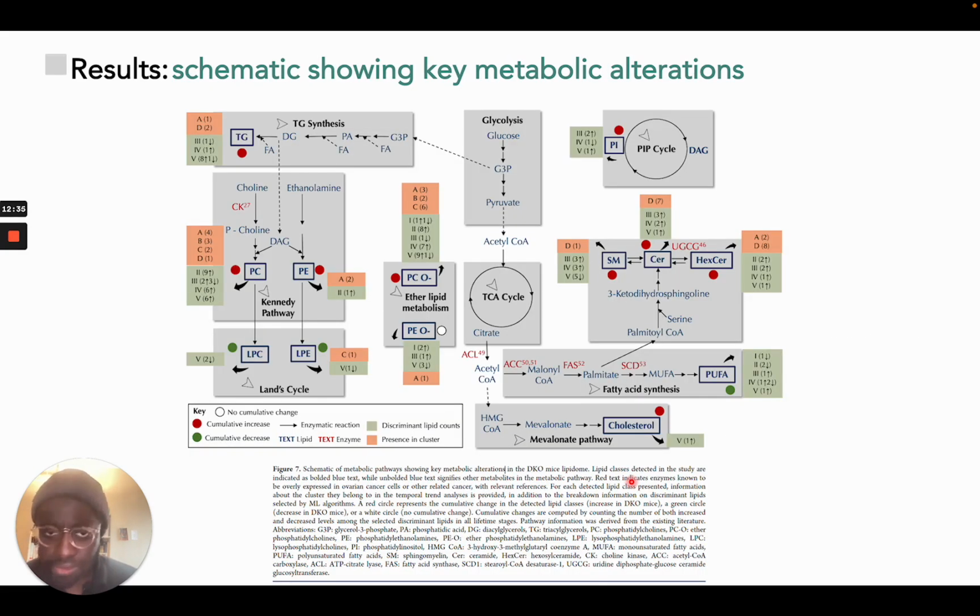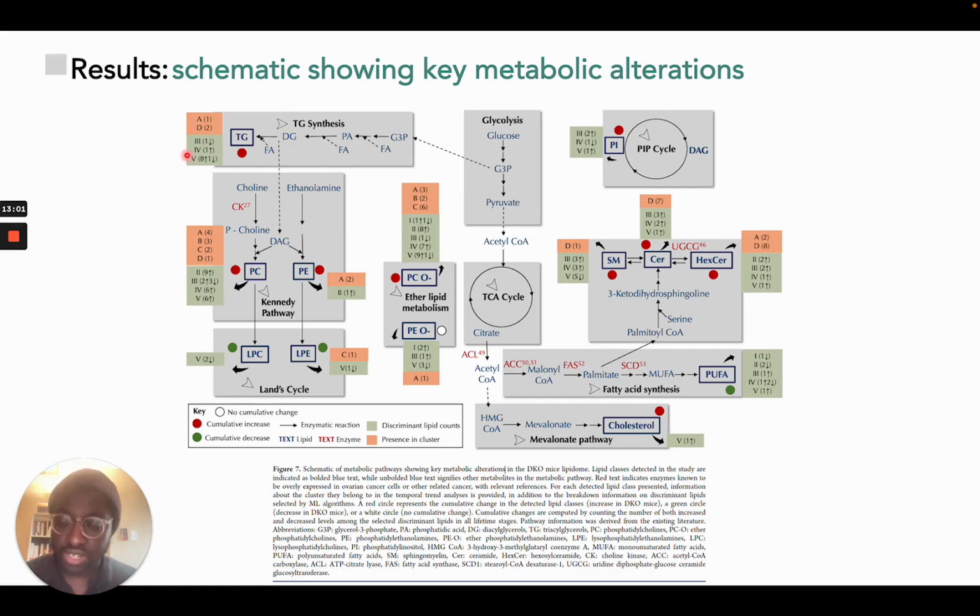So in the conclusion of our paper, we show a schematic displaying the key metabolic alterations that we see from our analysis, and we leveraged our cluster analysis: what lipids are detected in those clusters that I presented earlier.